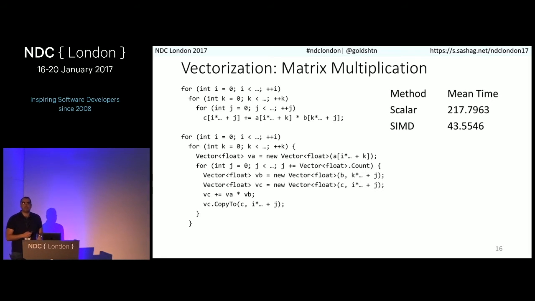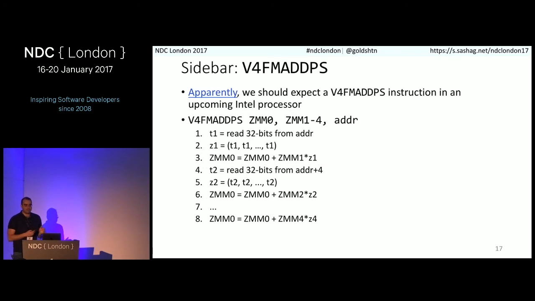In the meantime, take a look at something Intel has apparently been working on. This is from rumors, but substantiated rumors from online. Intel is supposedly going to add an instruction with this lovely name, v4fmaddps, in some future generation Intel processor.